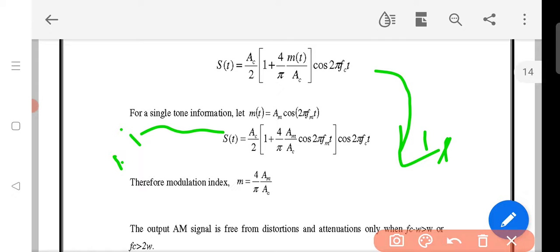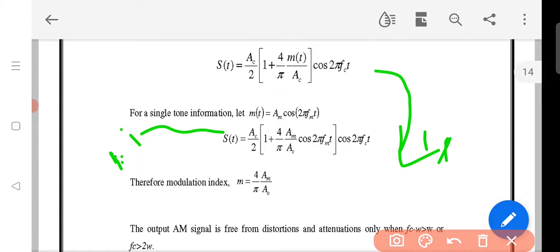If for example this is not a single tone, it is multi-tone information, then other messages and carriers are also present here with adjacent bandwidths and adjacent channels.